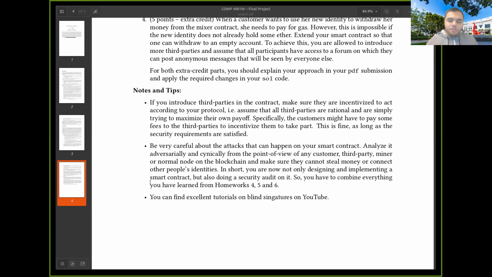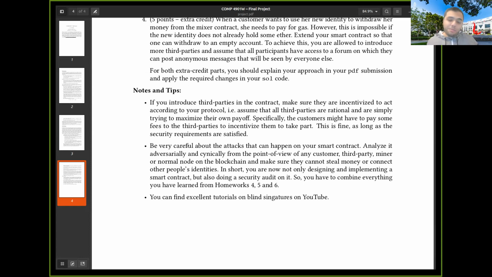Now, in this particular case, only for the final project, we are not considering malicious adversaries. We are only considering rational adversaries. So this makes the problem much easier. The answer just for this final project is that if you find an attack that makes the attacker lose money, then the attacker will not do that particular attack.